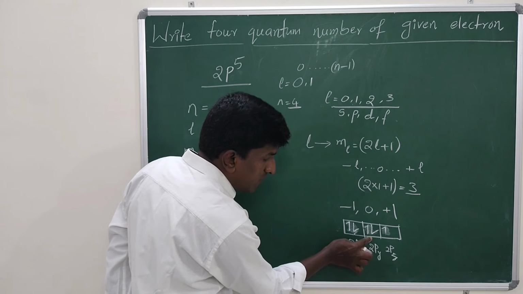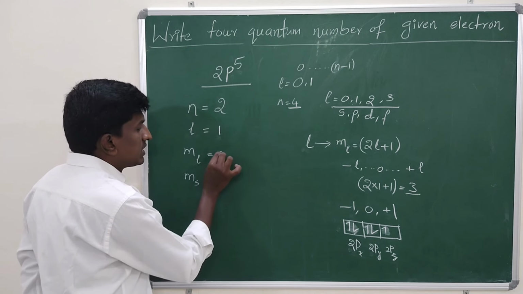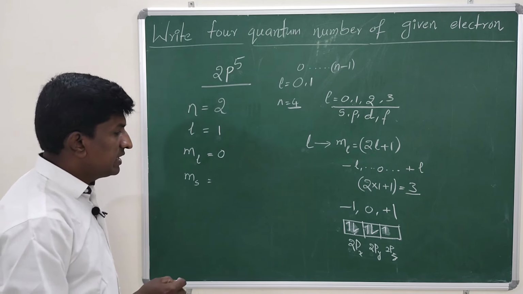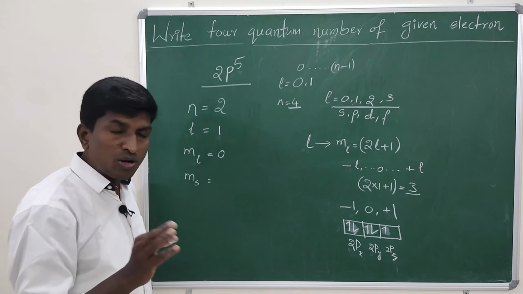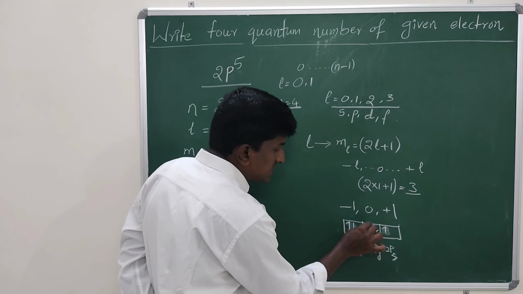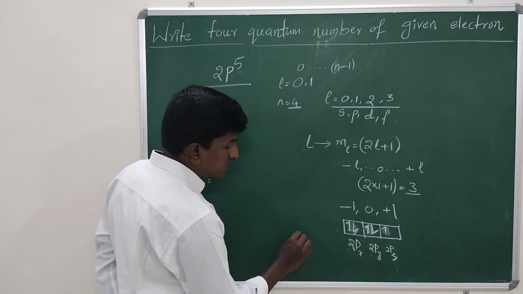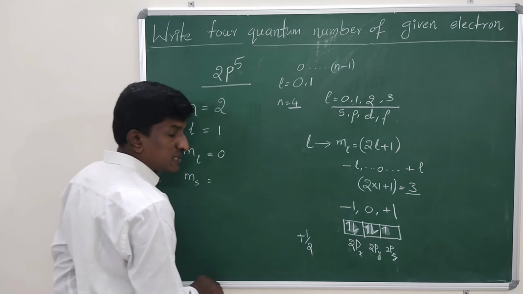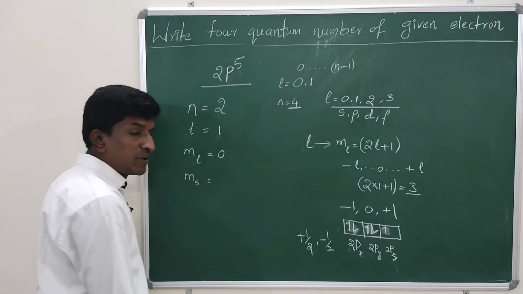So the magnetic quantum number here is 0. Similarly, 2 electrons we can fill in each orbital. This is the first electron and this is the second electron. As we know, the spin value of the first electron is plus half and the spin of the second electron is minus half.